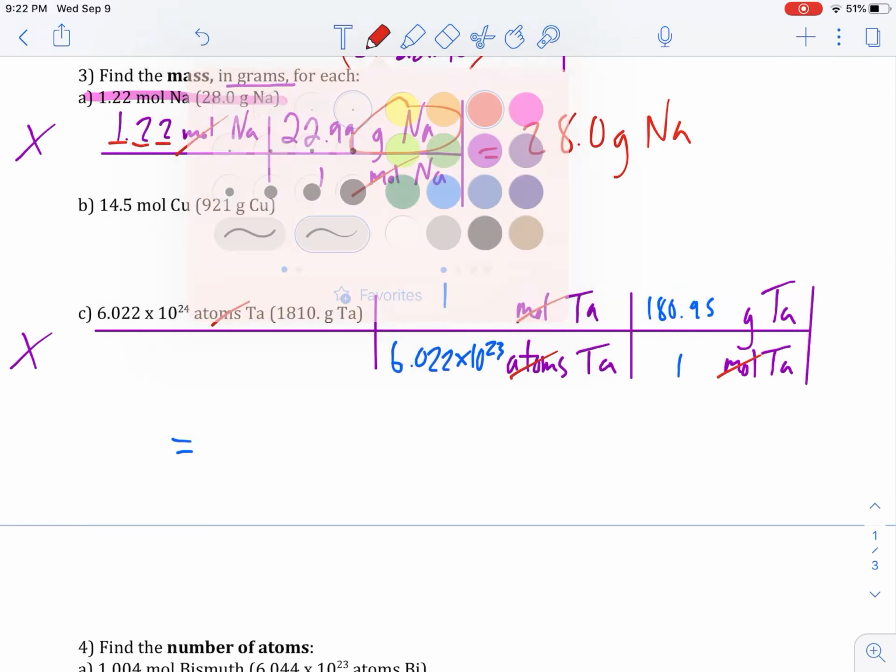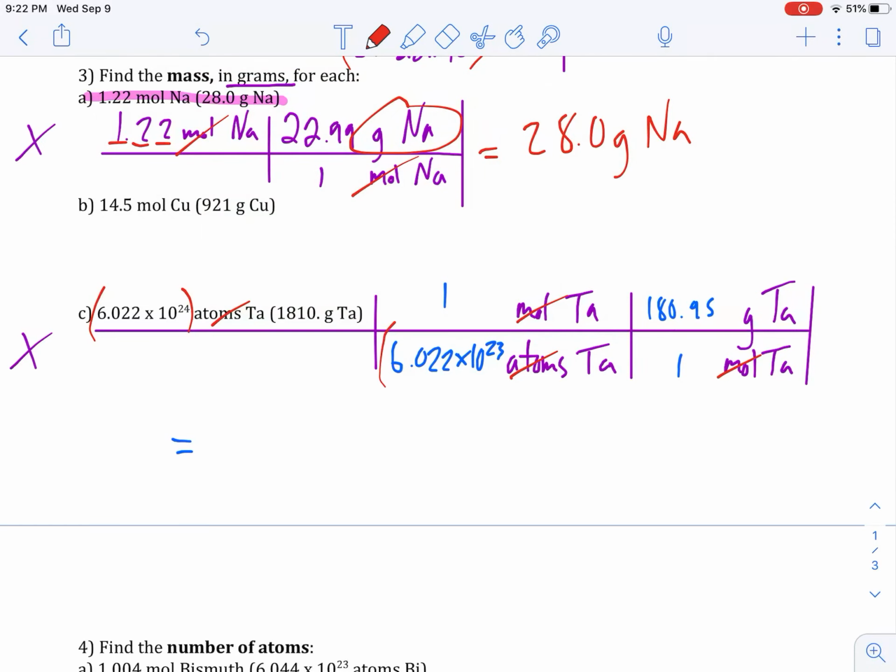Don't forget about your parentheses when you go to plug this one in. And let's see, we're going to round this to 4 sig figs. And that would be 1810 grams of Ta.